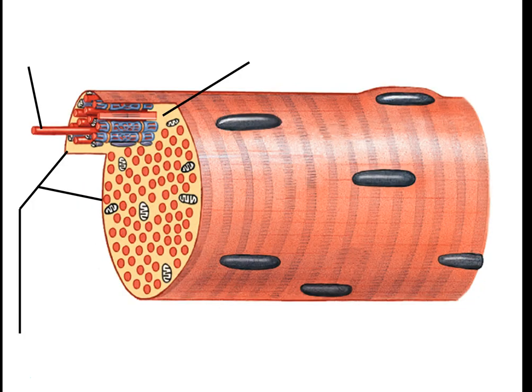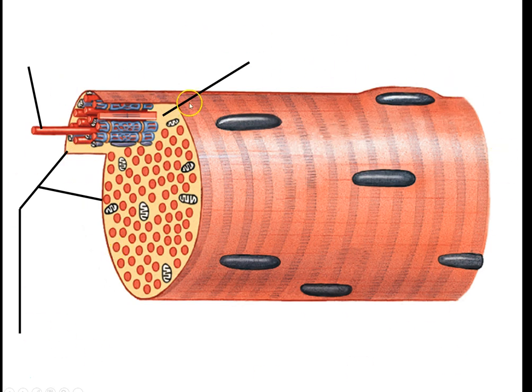So let's see if we can label this here. So this thing right here, this whole thing, what do you think that is? Myofibril, is that what you're saying? Okay, we got somebody that's throwing out myofibril. We're going to hop on this train with her. Okay, sarcolemma. Now, I'm not wanting the outer portion of it. I want the whole thing. What would you just call this whole thing?